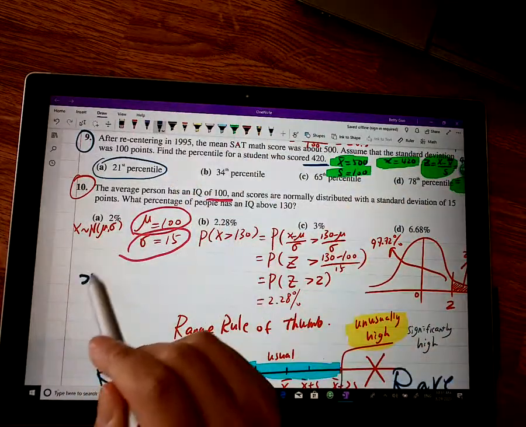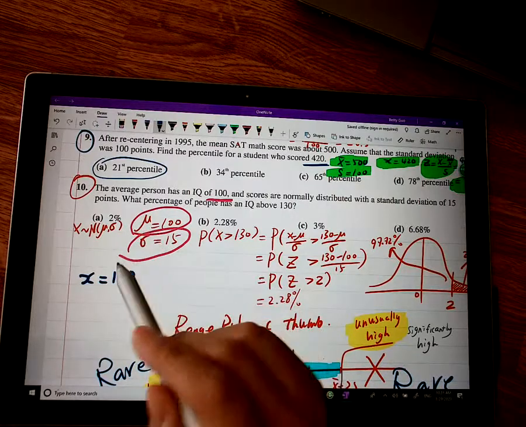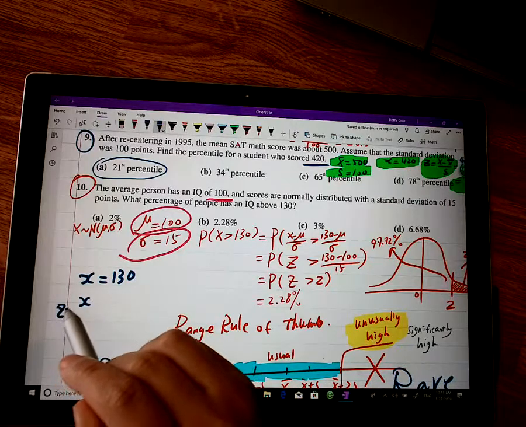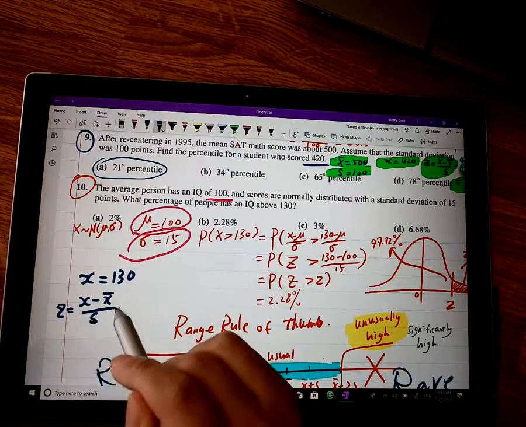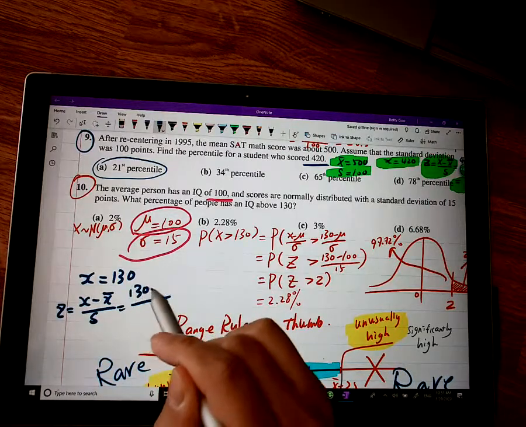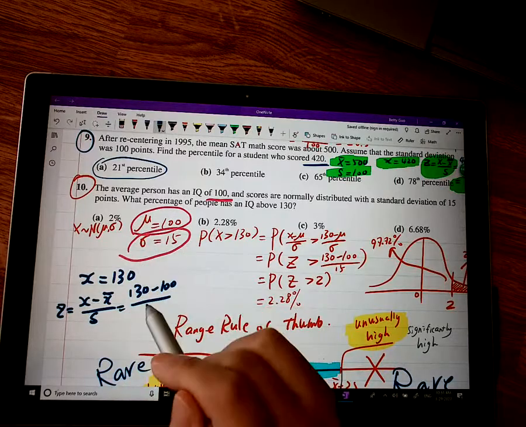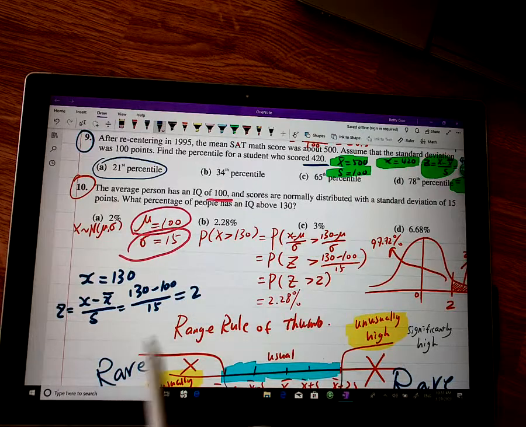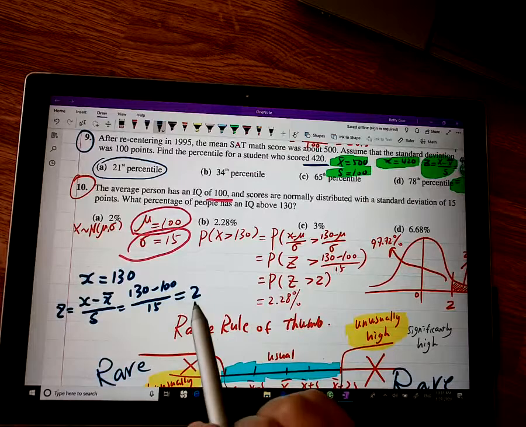Let's say your X is 130. That's the value we're concerned with. We standardize X and find the z-score for X. That's the formula for the z-score. We use 130 minus the mean, which is 100, all over the standard deviation 15. What do you have? You have 2. So the z-score of 130 is 2.